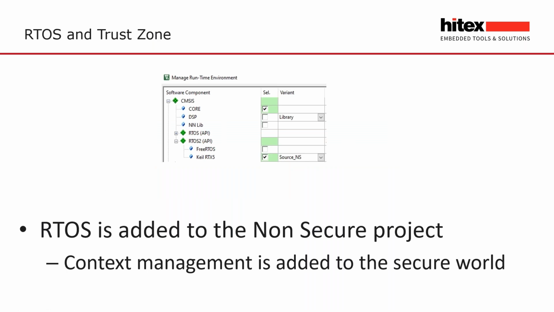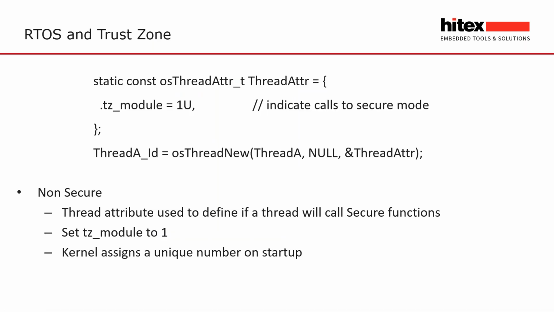So in the non-secure project, we would simply add our operating system as normal, and then we can start developing code as we looked at in the second week. So the RTOS is essentially the same to use, but we just have to add this context management. The first step of doing that is to make the RTOS kernel aware of which threads are going to call functions that are in the secure world. In here, we have our thread attribute, and inside here, we have this TrustZone module support.